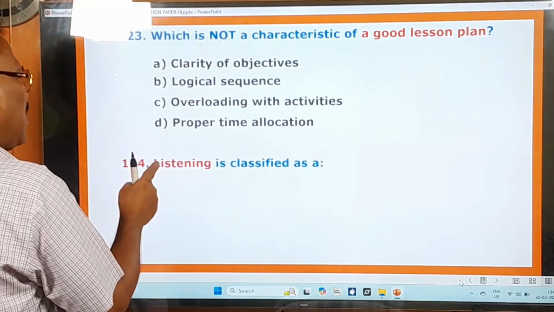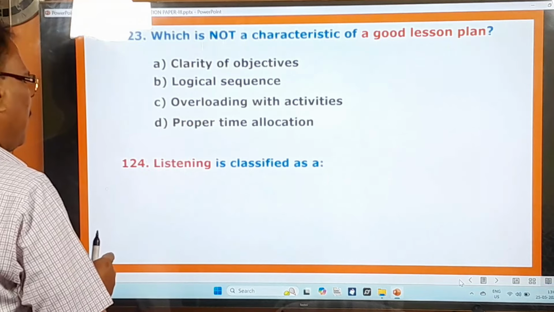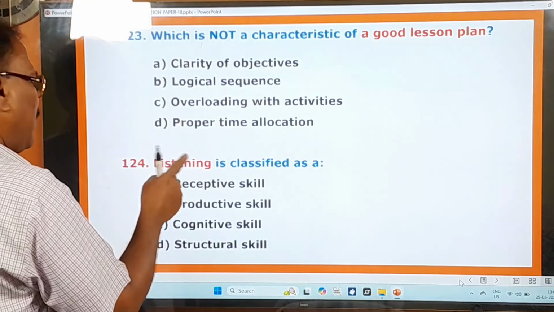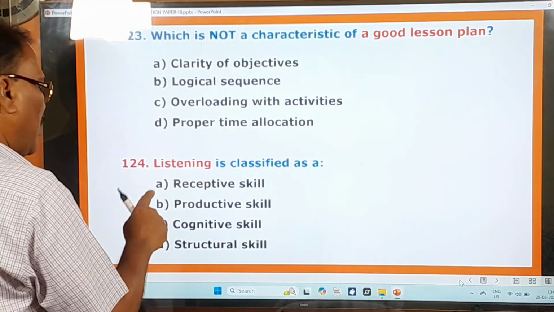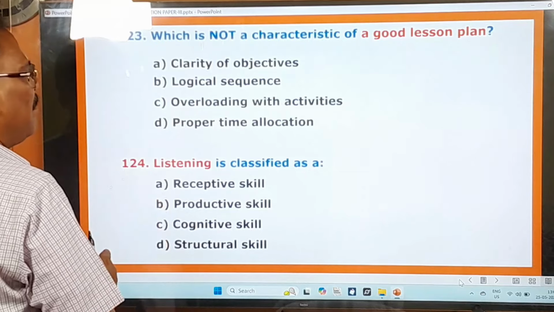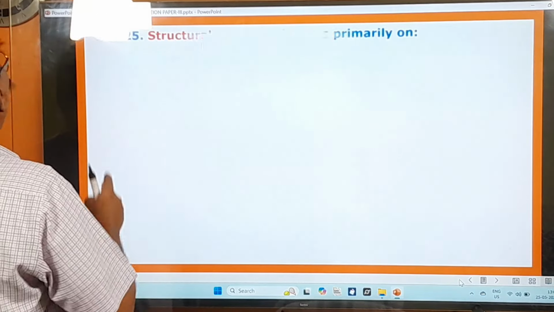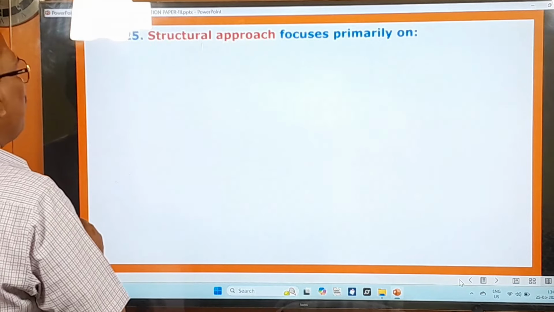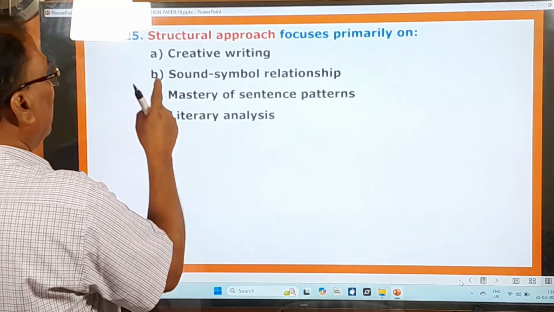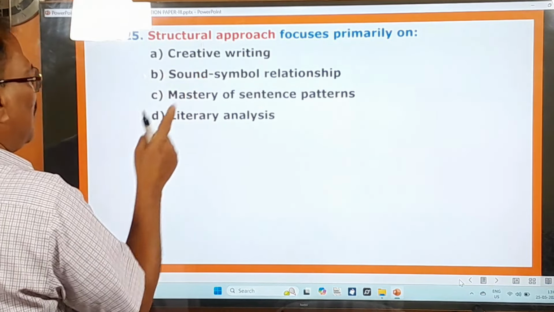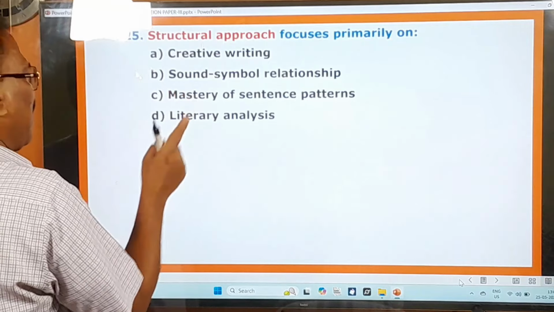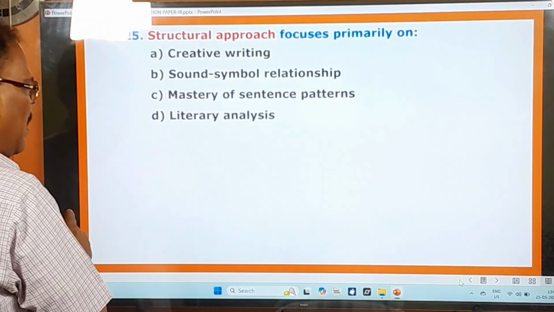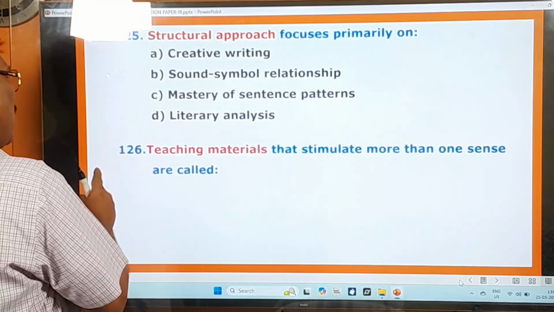124th question. Listening is classified as a receptive skill, productive skill, cognitive skill, structural skill. 125th question. Structural approach focuses primarily on creative writing, sound symbol relationship, mastery of sentence patterns, literary analysis. 126th question.